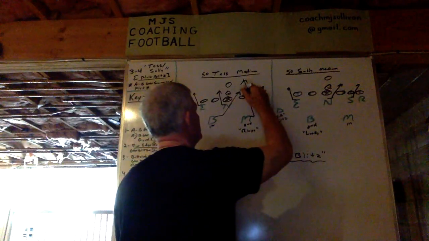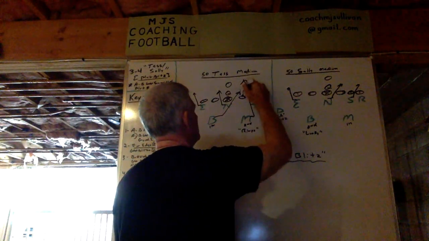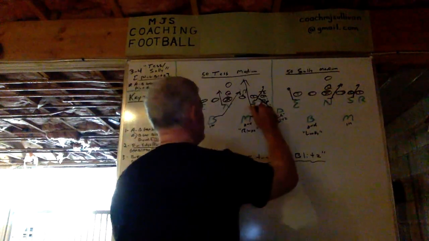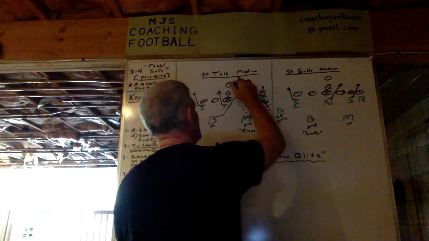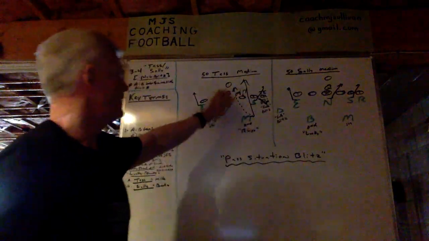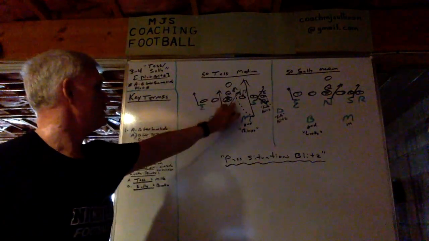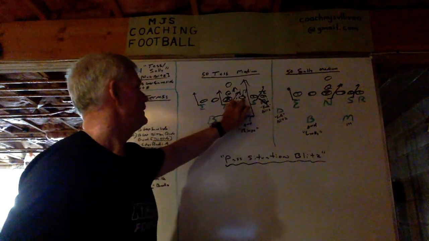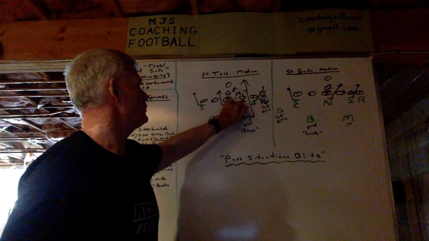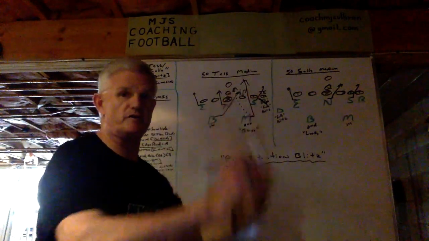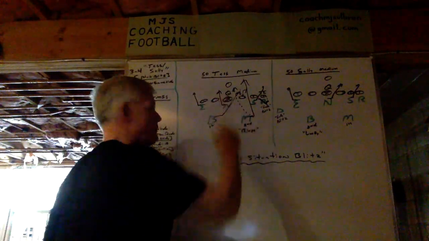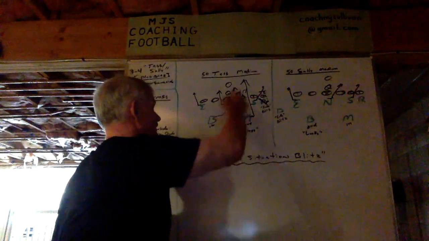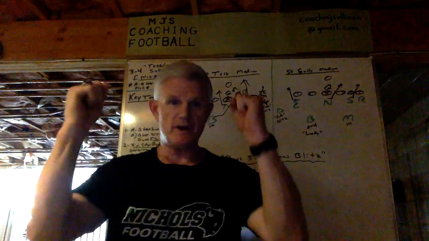But if the guard has turned and his butt's in the A gap, then the read linebacker, the Mike in this case, is in the A gap. Right? Remember what I said? Butt side. So it's B gap unless, and there's the one unless. He turns, so his butt's in the A gap, so that's where the Mike is. Boom. Done. And again, any type of run scheme, they just react to the run.